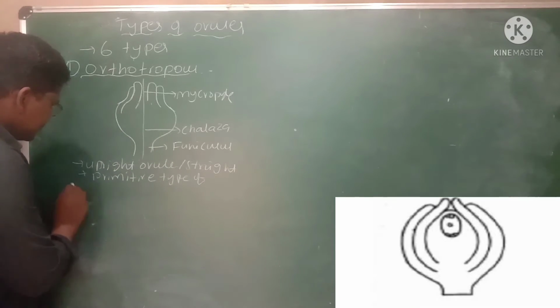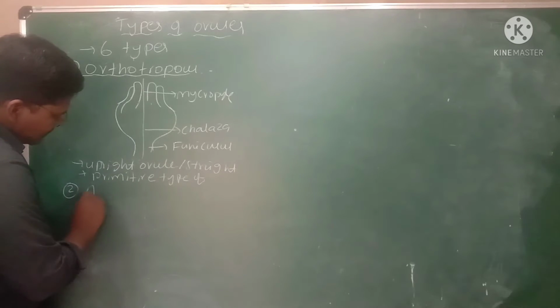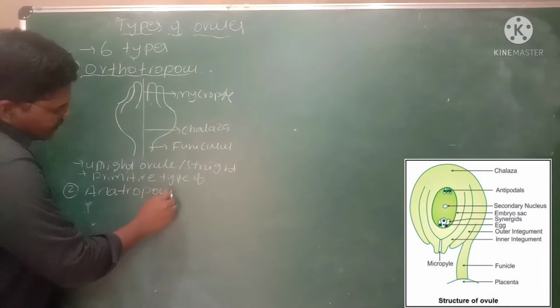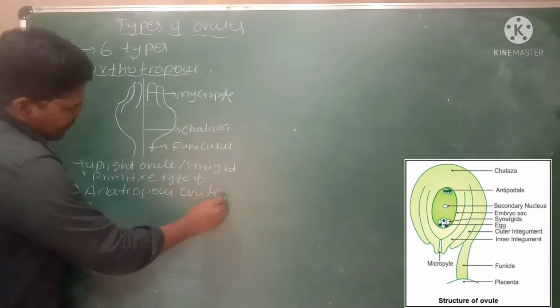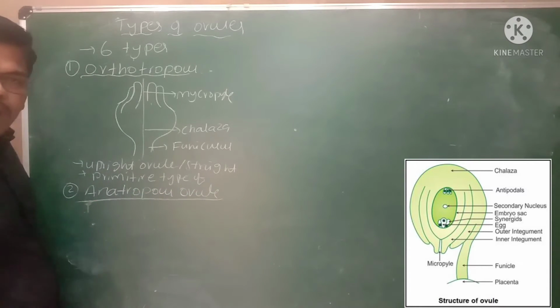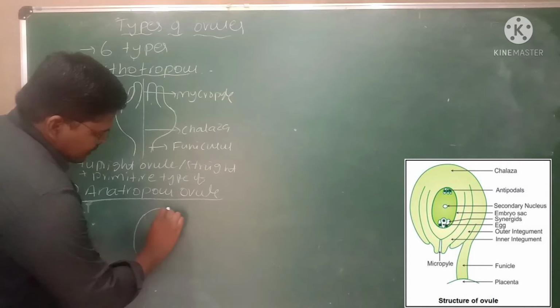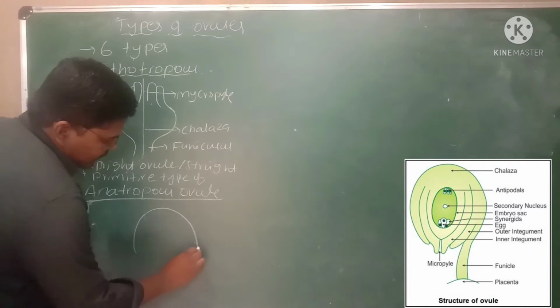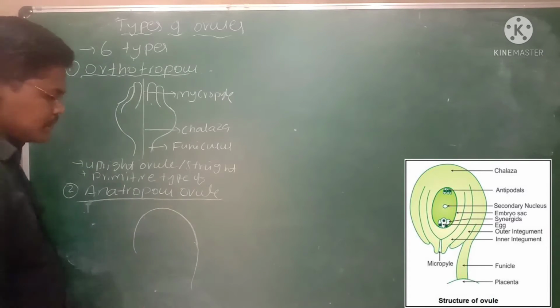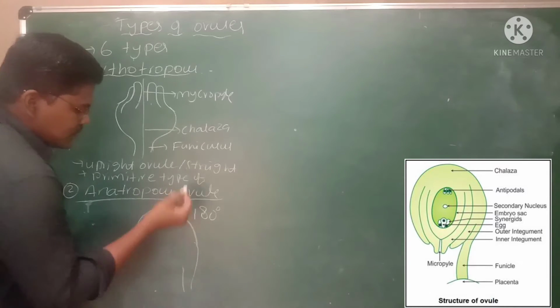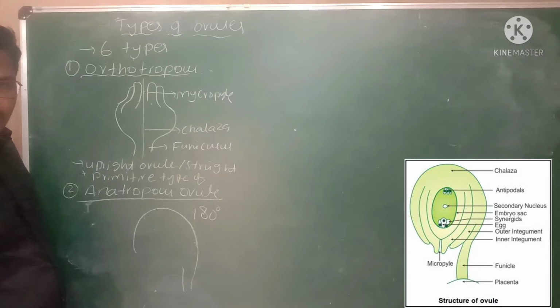Next, the second one is anatropous ovule. Anatropous ovule is the ovule in which the body of ovule rotates 180 degrees from the funiculus.